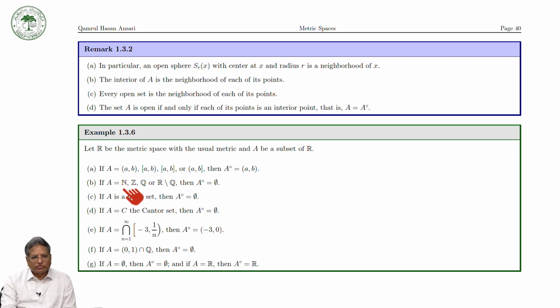If A is equal to the set of natural numbers, set of integers, set of rational numbers or set of irrational numbers, then the interior of A is equal to empty.